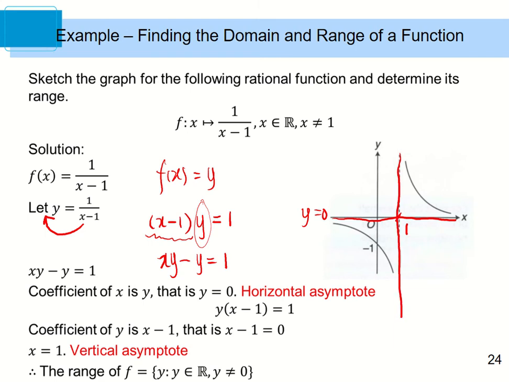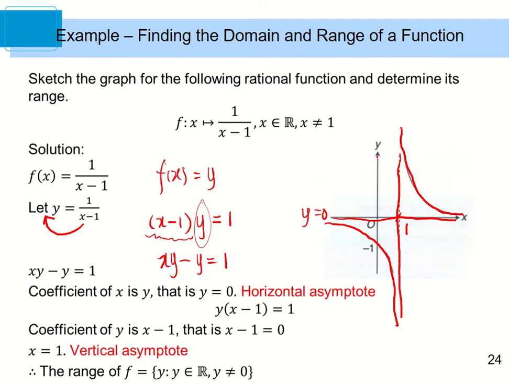So then we know the graph will be something like this. From here to here, all the way down, and from positive infinity all the way to the horizontal asymptote. Now in this case, what is the range?